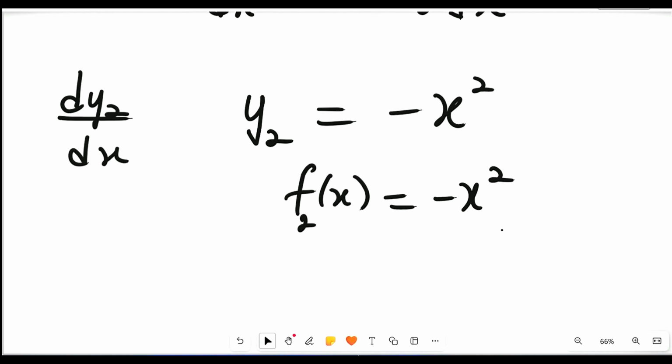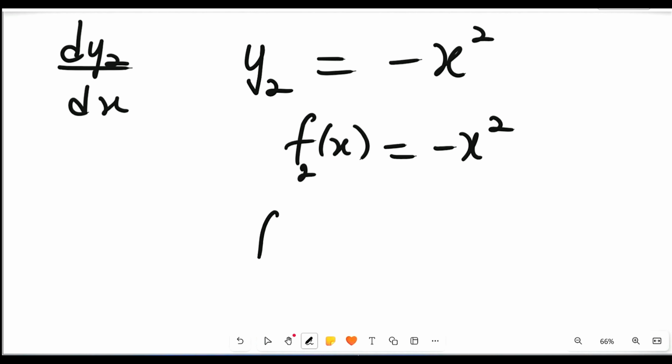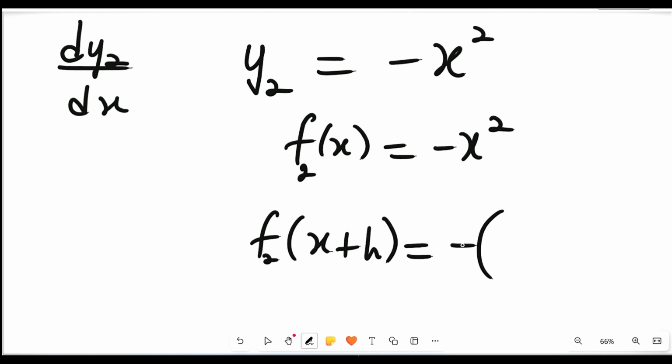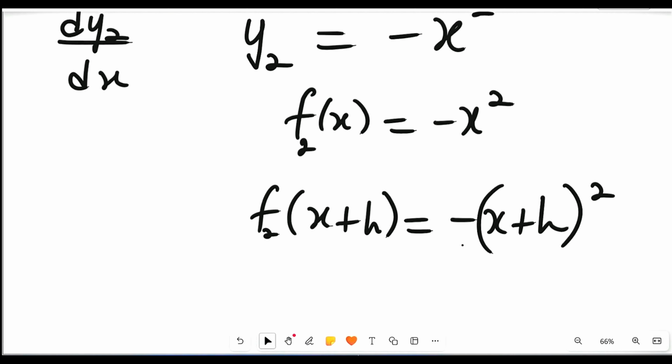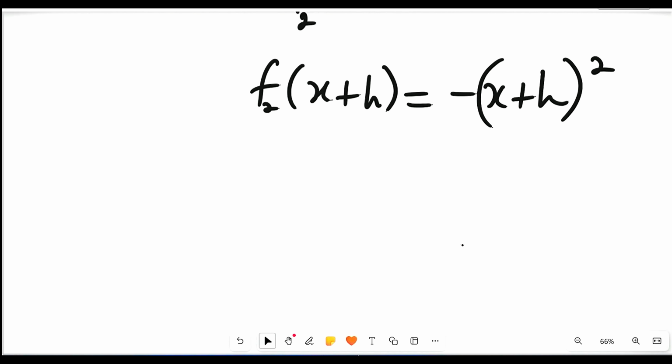So we need to find our f2 of x plus h, and that will be equal to negative, then wherever you see x, you plug in x plus h. So it's going to be negative x plus h squared. Alright, so we can now plug in the values.